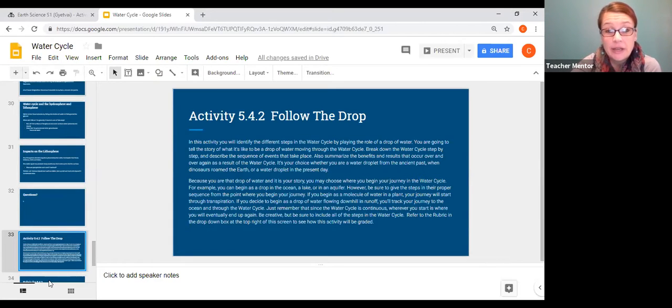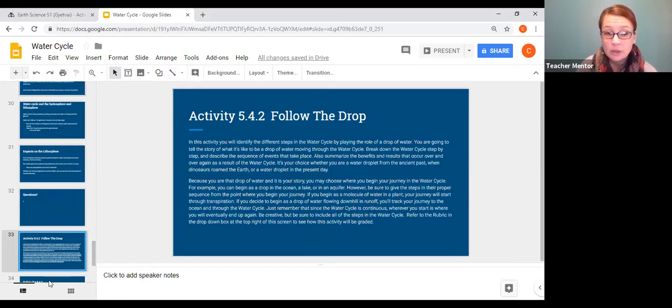I know that that's kind of difficult for some of us to be creative and start wherever we want. But on your screen, I've posted the directions. In this activity, you will identify the different steps in the water cycle by playing the role of a drop of water.